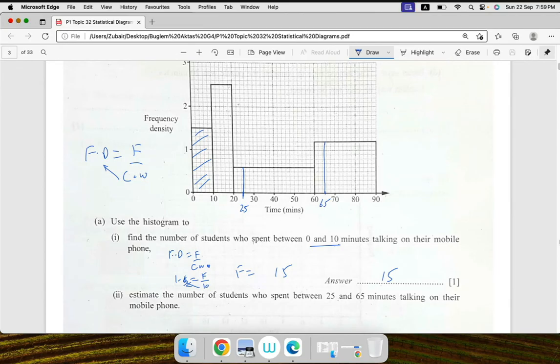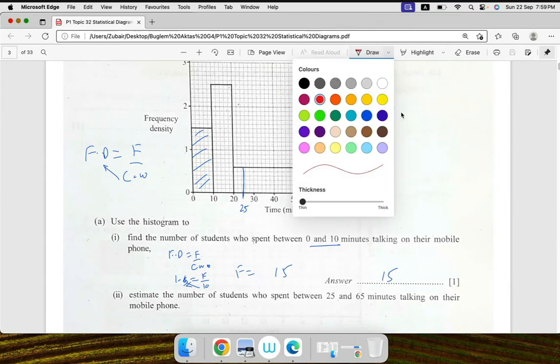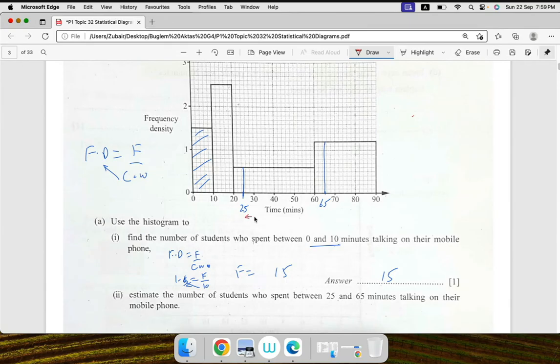I'm getting only 27. Okay. So I just basically did 60 minus 25, which is 35.